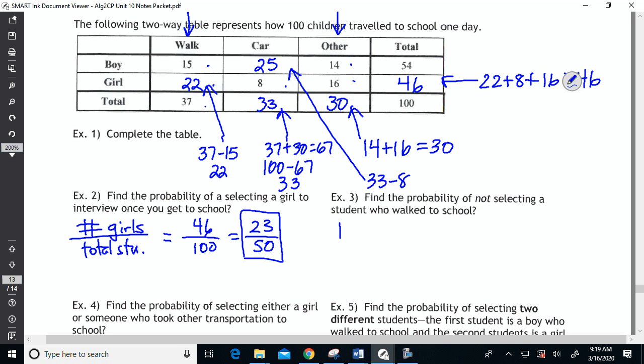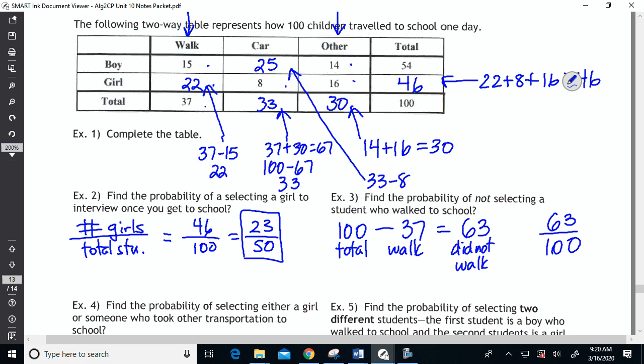So there were 100 total students minus the 37 who walked. That means you have 63 who did not walk. So your probability is 63 out of 100. And that's it. That's all with that.